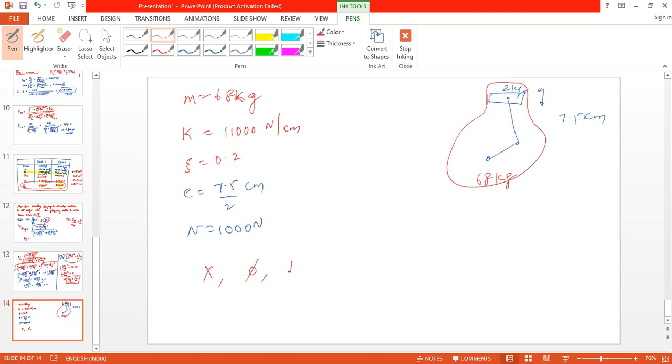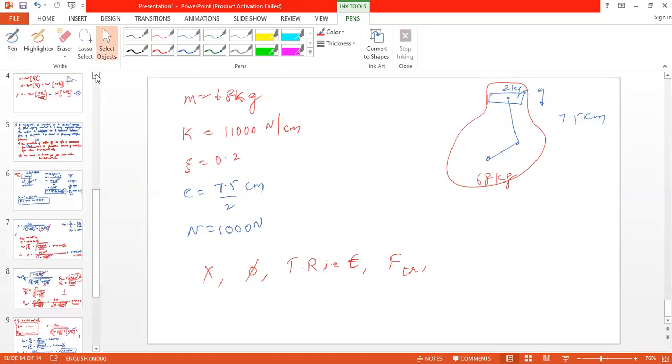Transmissibility, that is the transmissibility ratio epsilon, and the force transmitted, that is FTR, and the phase angle of the transmitted force with respect to the exciting force.